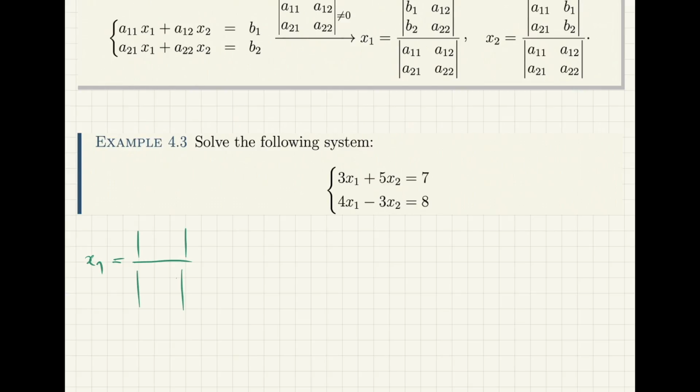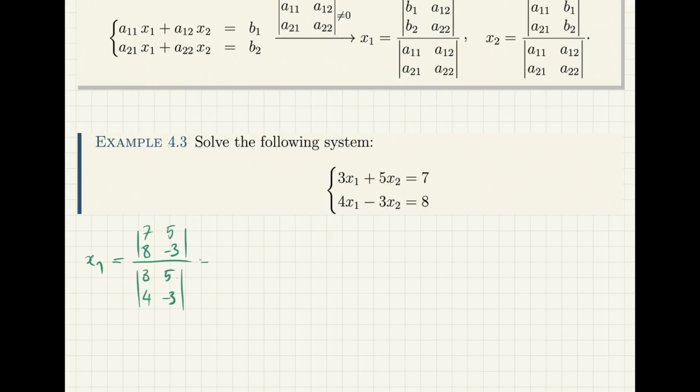For writing the denominator, I take these coefficients and then I would write it here. So then it becomes 3, 4, 5, minus 3. In the numerator, since I am interested in calculating the first unknown x1, I have to remove the first column and replace it with 7 and 8. So it becomes 7 and 8. And then I will not touch the second column. So it's 5 and minus 3.